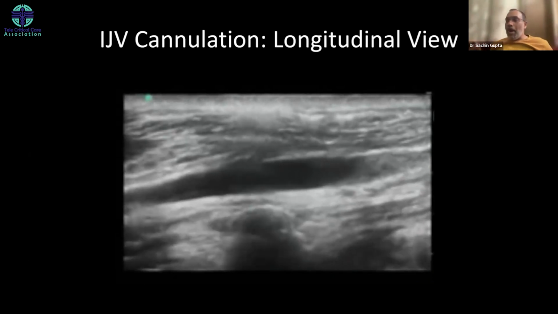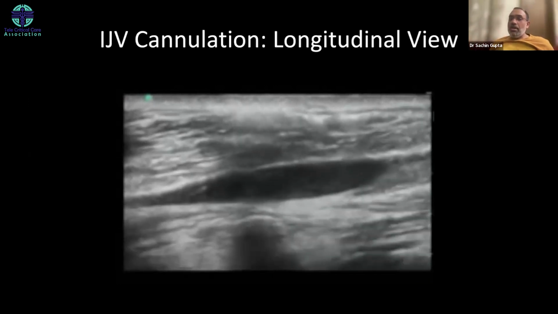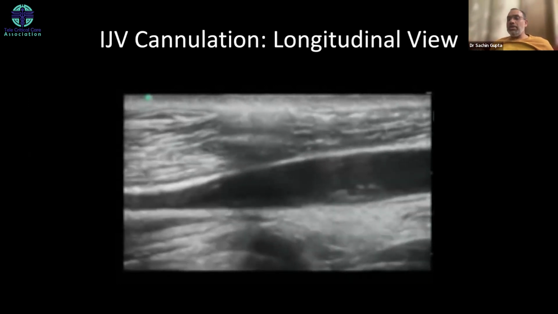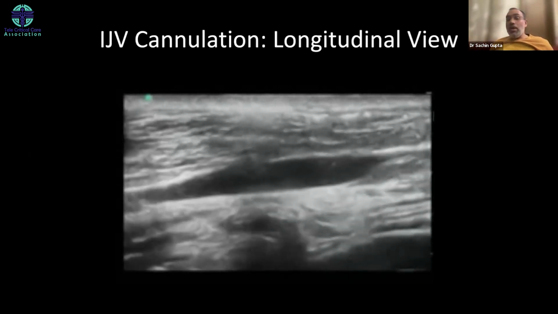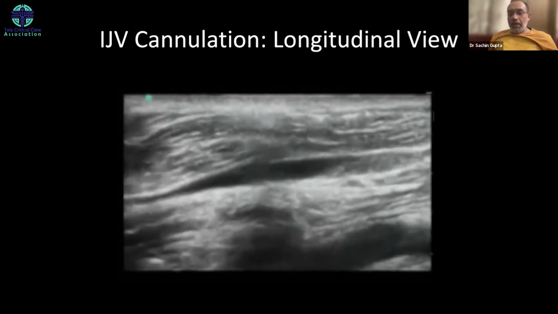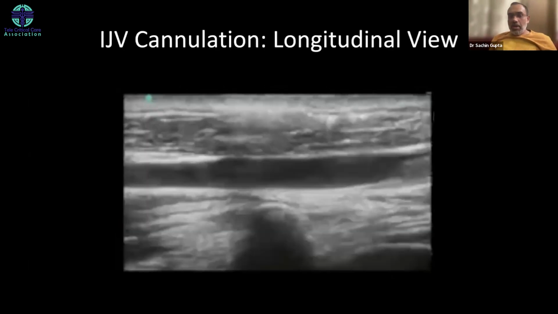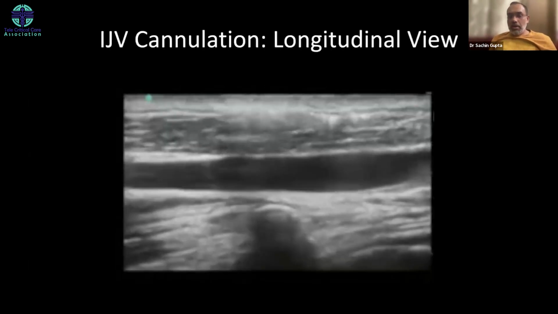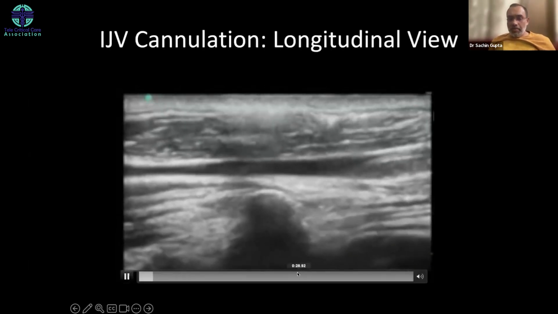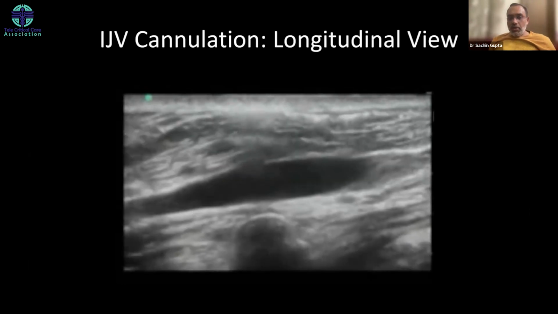And once it is about to puncture the venous wall, again, the same indentation of the vessel wall has to be observed, because this tells me that I am not going posteriorly to the vessel. The needle is about to enter, right?